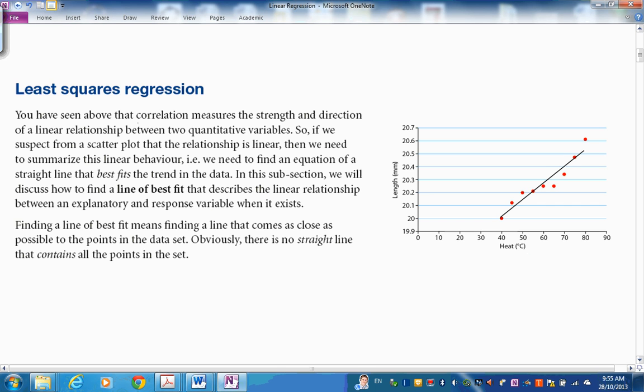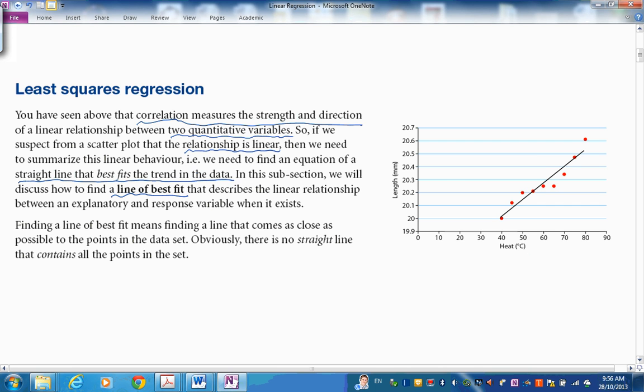Now, we've seen that correlation measures strength and direction between two quantitative variables. So we have looked and seen in some of these that the relationship appears to be linear. And we're going to try and now fit a straight line that best fits the trend in the data. Okay, the line of best fit, commonly said.